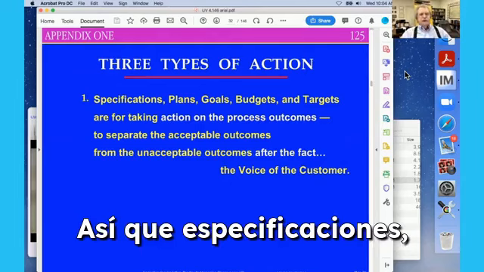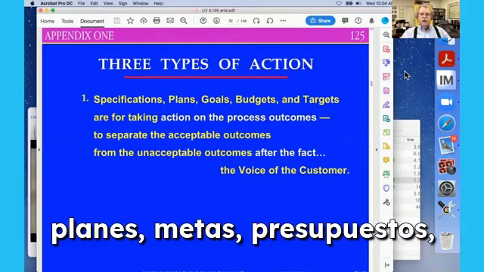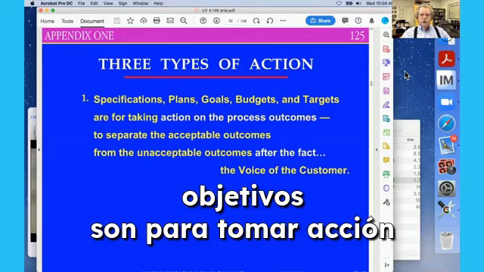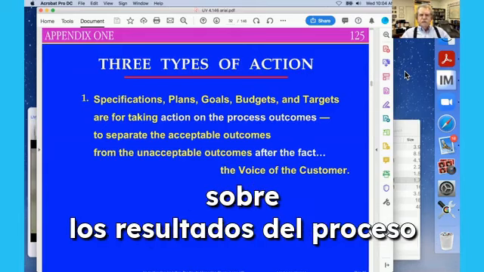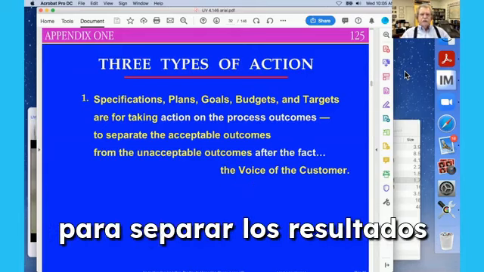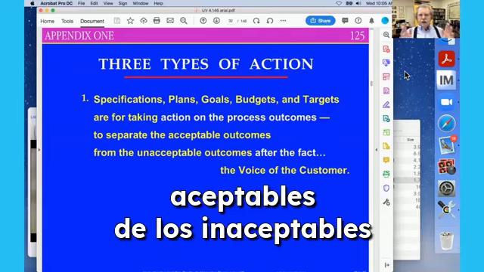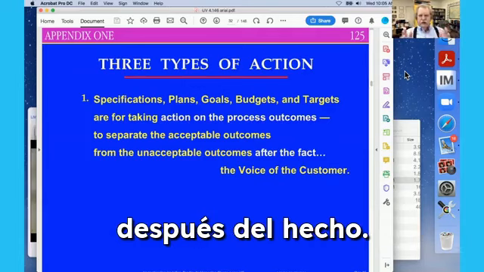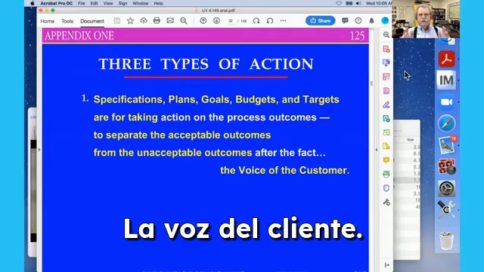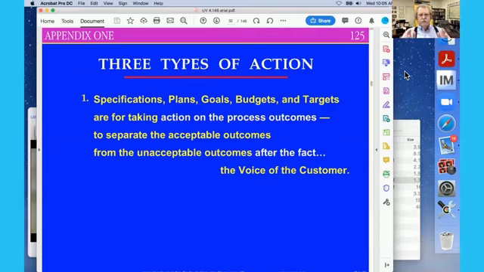So, specifications, plans, goals, budgets, targets are for taking action on the process outcomes. To separate the acceptable outcomes from the unacceptable outcomes after the fact. The voice of the customer.